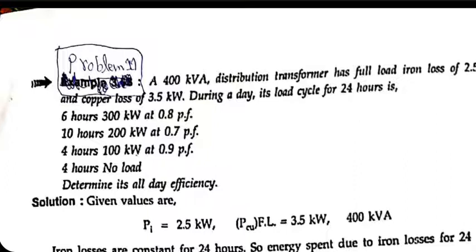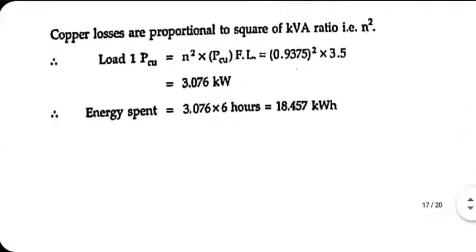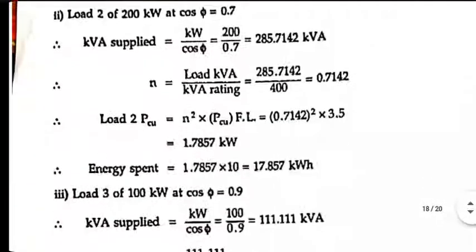And then you sum up the results to get the total energy loss over the entire 24-hour period and total energy output over the same period. Then you add up the two to get the total energy input over the same period. And then you have to take the ratio of the total energy output to the total energy input. Okay. If you have difficulty with this, you can always come back to me offline.